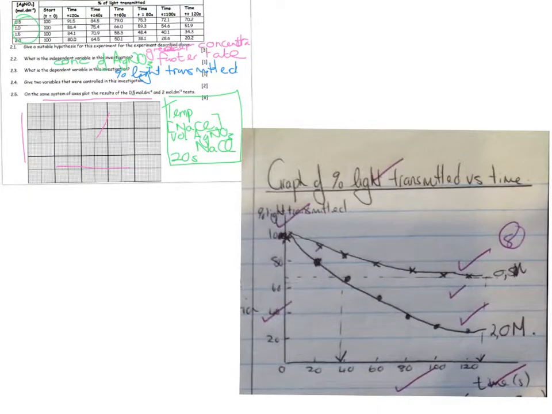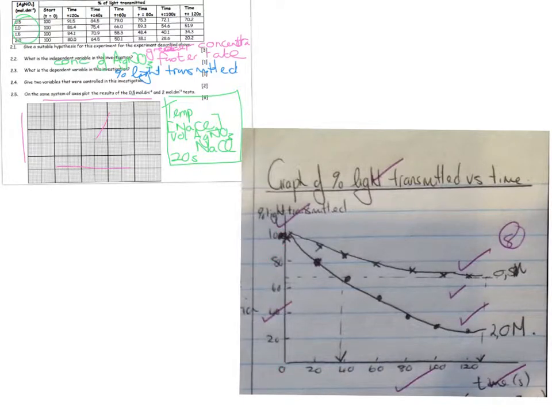So you land up with the graph that's got the heading. You must put 0 onto your graph. You then draw these two smooth curves through the points that you had, and you'll notice that the decrease goes faster with 2 molar solution than 0,5. Don't forget seconds on the time axis and even scaling along over here.